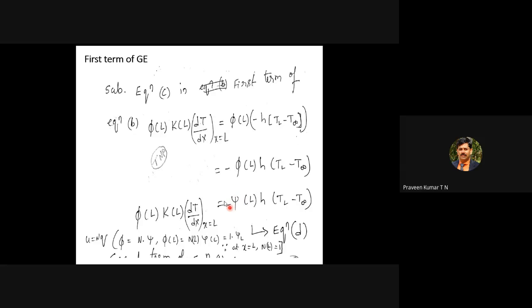It is a global virtual temperature, that is xi of L. I am talking about xi, the temperature function at x equal to L, h into TL minus T infinity. You are familiar with this term. H into TL minus T infinity refers to convective heat transfer per unit area. Xi of L is one more function, a virtual temperature function, that we are going to see here.